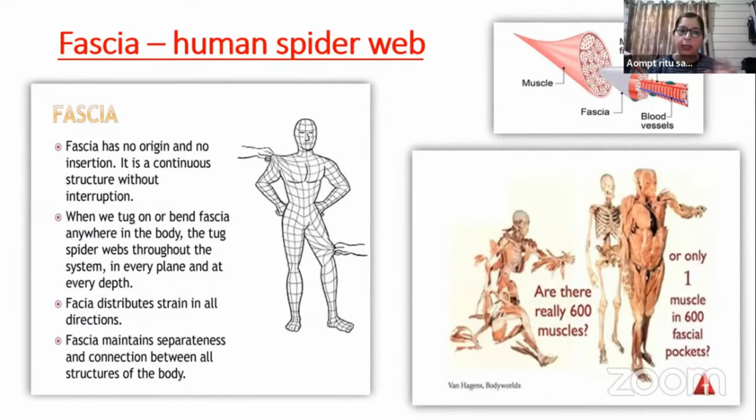We know that in our body, all the structures like muscle, ligaments, nerves, blood vessels, arteries, capillaries, everything is covered by one covering known as the fascia. It means the fascia distributes strain in all directions. So we cannot say that we will only treat the muscle. We have to see what the covering of that particular muscle is and treat it together.